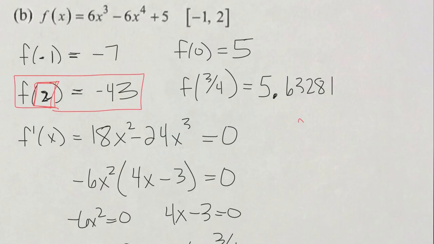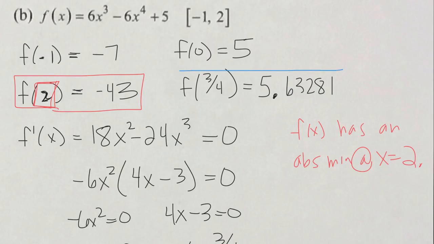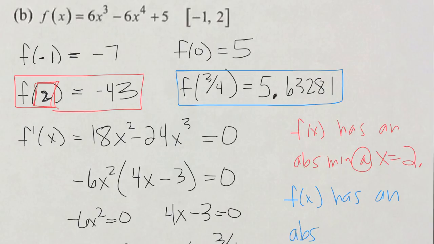So f of x has an absolute min at x equals positive 2. And it looks like we have an absolute maximum at that 3/4 value. So f of x has an absolute max at x equals 3/4.